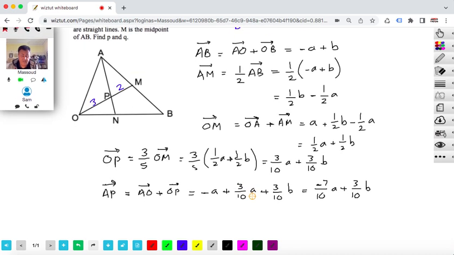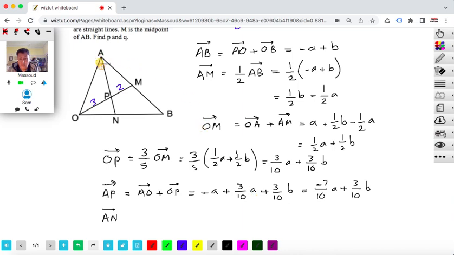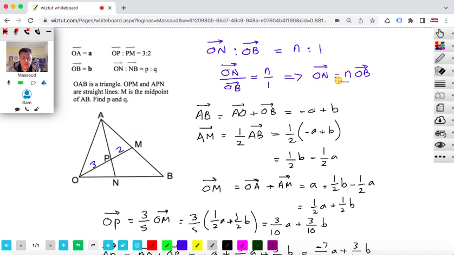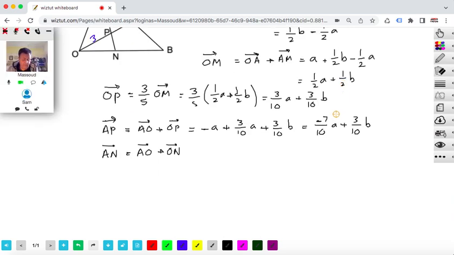Now I will find AN, so A all the way to N. That would be equal to AO plus ON. I have already found ON: ON was n times OB, which is basically n times the vector B. So AN is minus A plus nB.